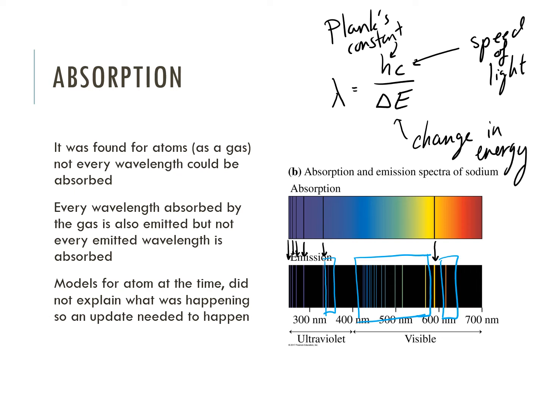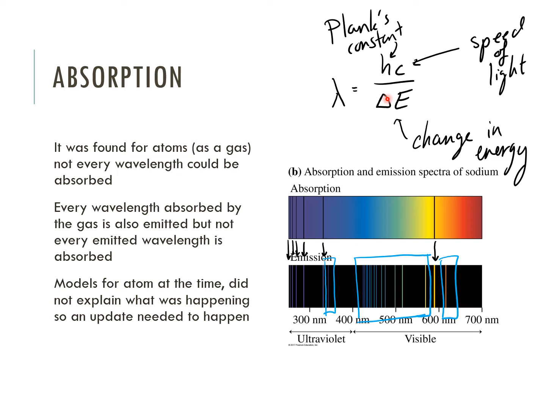With this equation, Planck's constant is a constant, the speed of light is constant, and the wavelength is something that can be measured. So to explain what's happening here, they focused on the change in energy part. We have to think about what's changing energy.